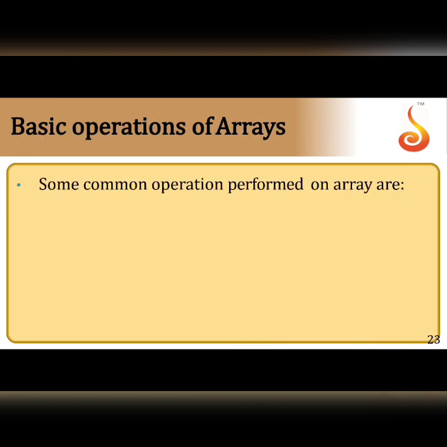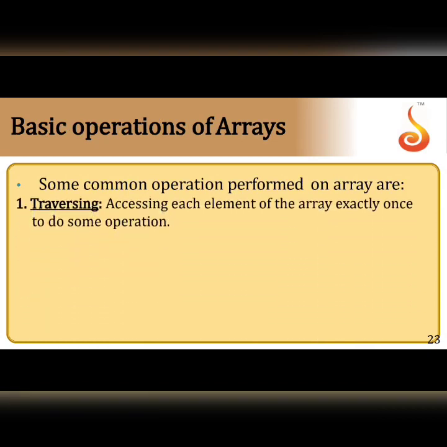The next is the common operations performed on an array. One is traversing. Traversing is nothing but accessing or visiting an element of the array exactly once to do an operation.